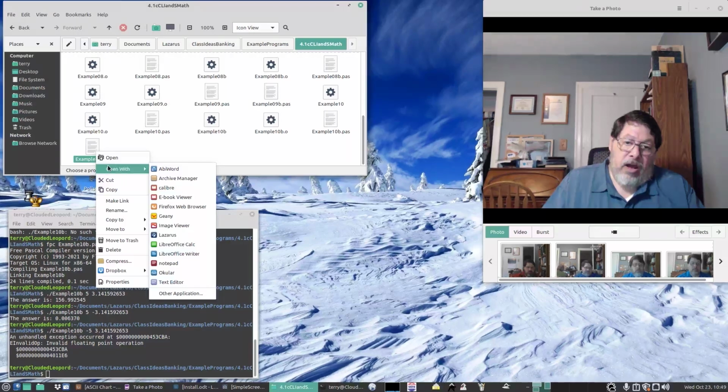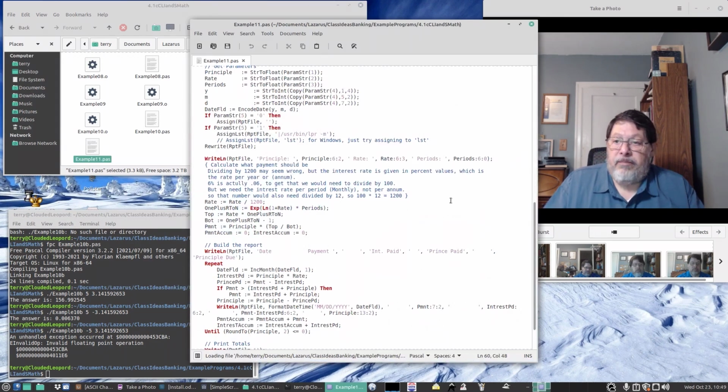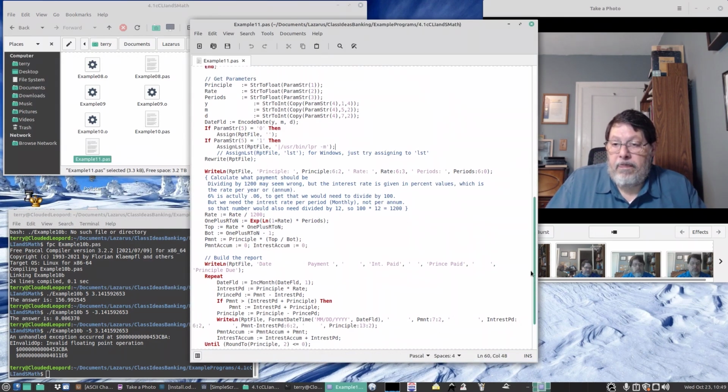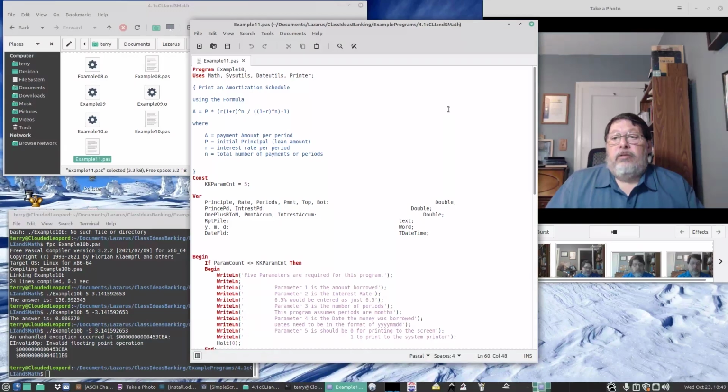And finally, I am going to look at one more program. When banks figure loan amounts, they know what the interest rate is, and they use logarithms, or at least power values, to calculate the amortization table.